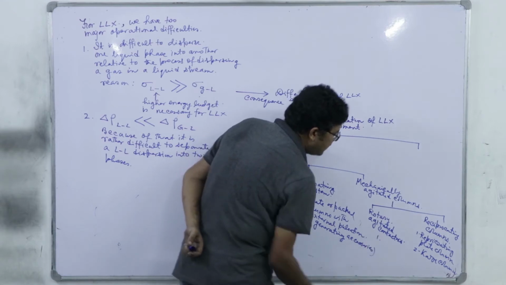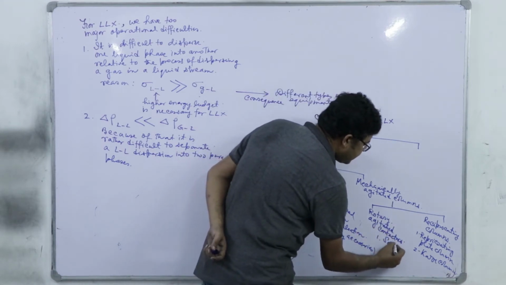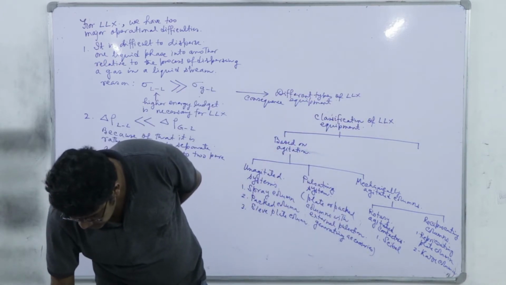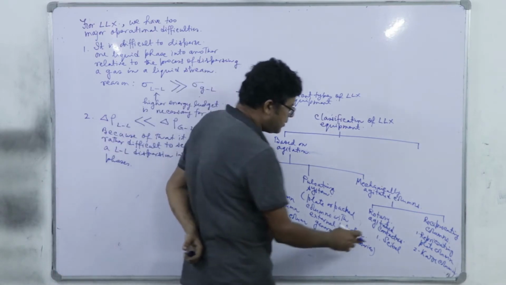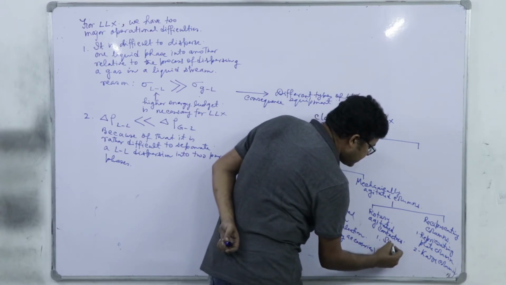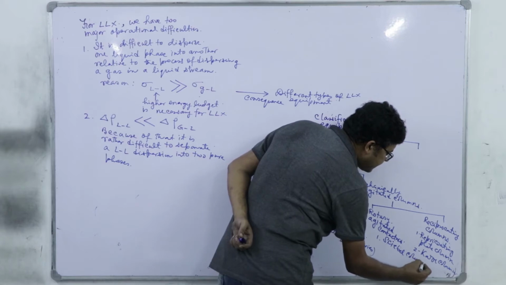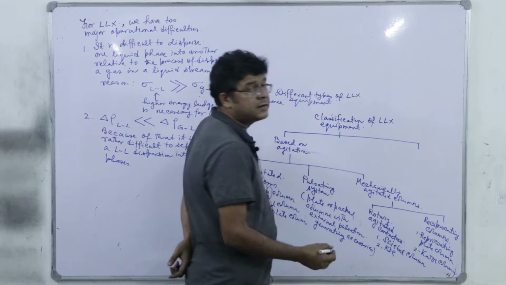Next, here we have the Scheibel column. These are different designs. Scheibel column, RDC, which stands for rotating disc contactor.